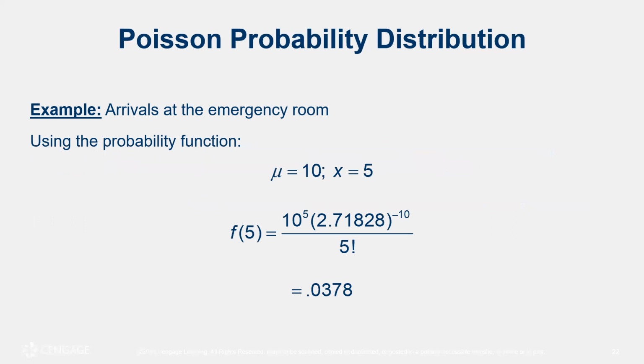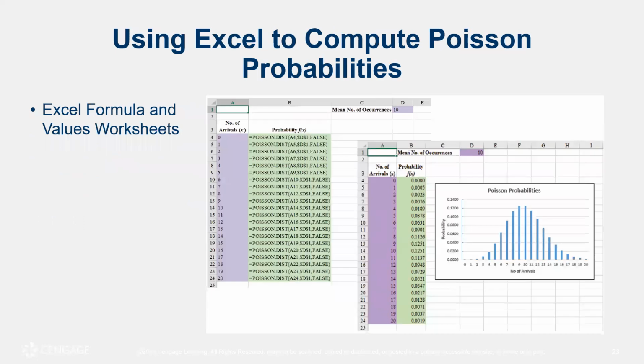So we could calculate f of x. For 5, f of 5 is 10 to the 5 times the constant to the negative 10, over 5 factorial, which is 0.378. Or we can use the function equals POISSON.DIST, and then we put in the number of arrivals, the average number of occurrences, and false.